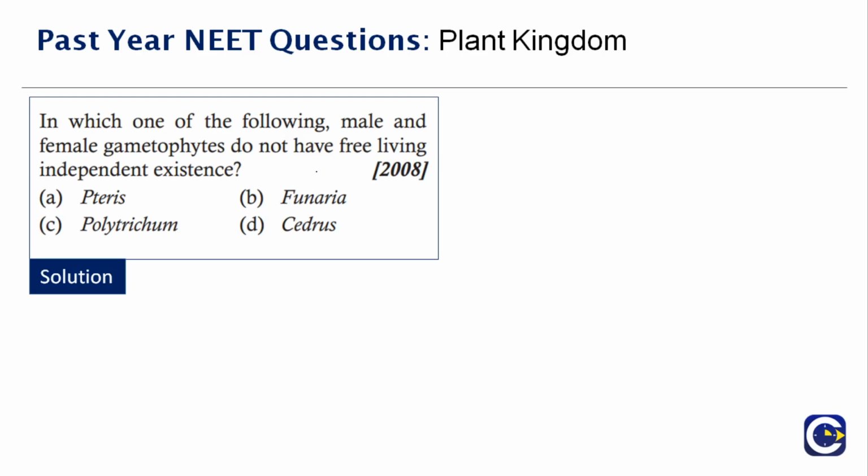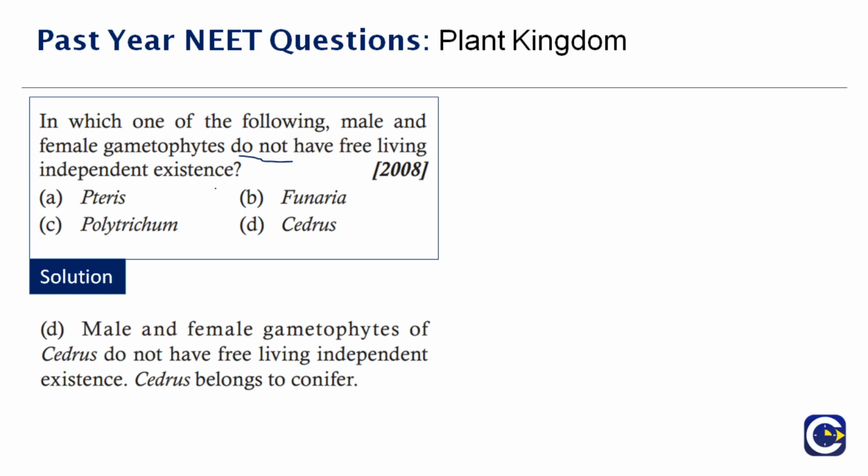The question is which do not have a free living independent existence. See, there are two types of existence: one is dependent and the other is independent. Here they are asking which do not have it. Out of the four options, Funaria, Cedrus, Polytrichum, Pteris, what could be the answer? Any guess?